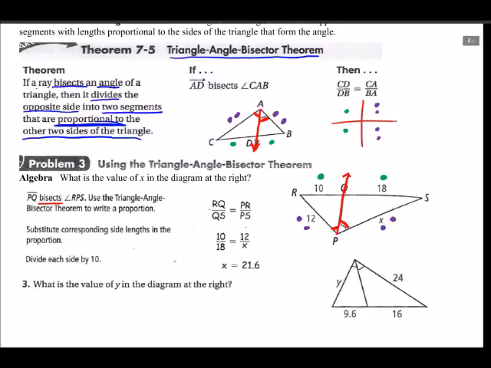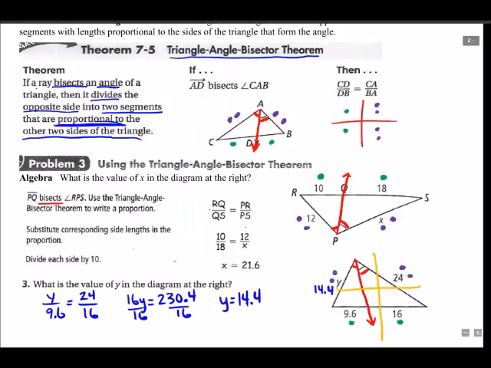And it's your turn to do the final problem. Doesn't get much more fun than this. We're asked to find the value of y. I see a bisector of an angle, so I know it's going to split that side into pieces that are proportional to the other two sides. So I marked my proportional sides.